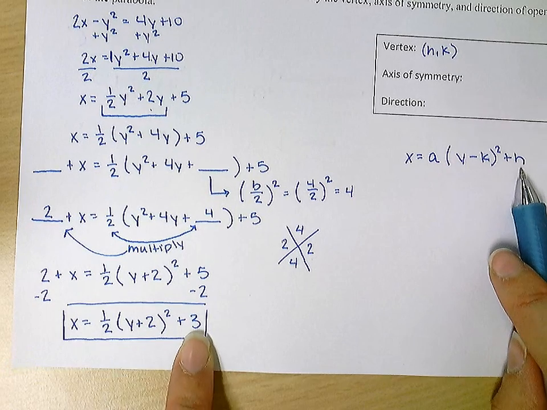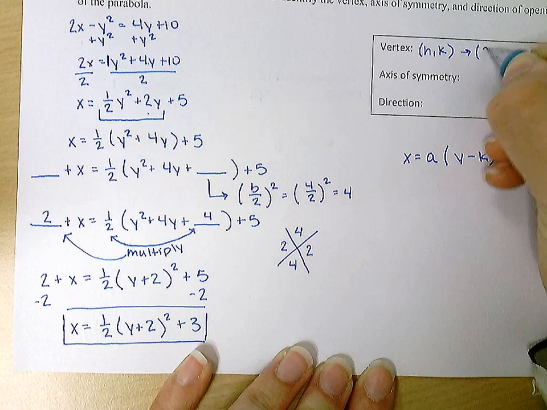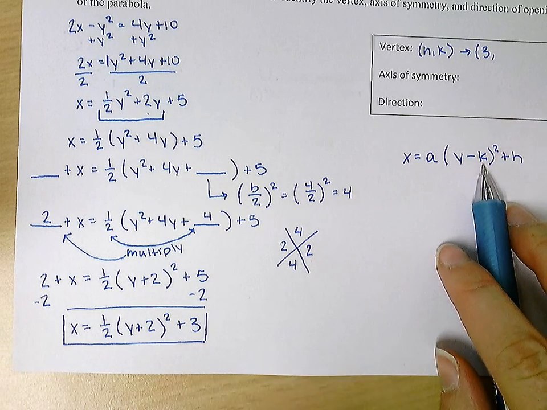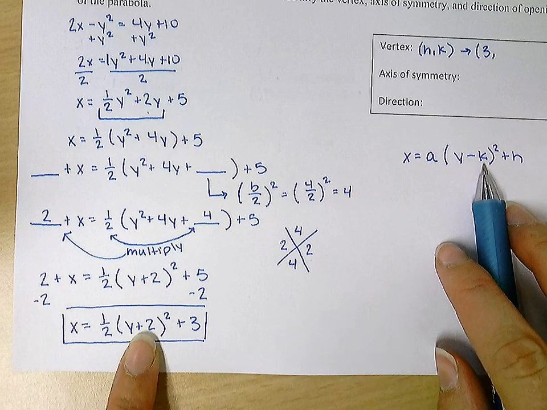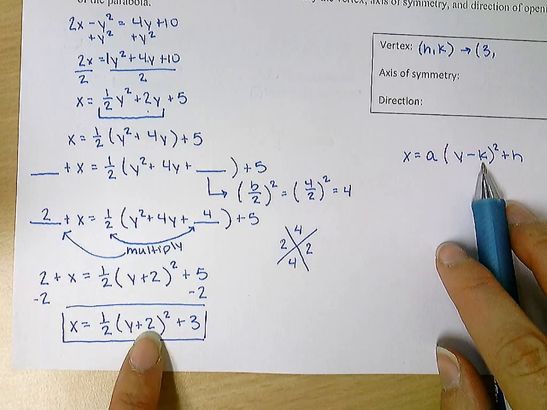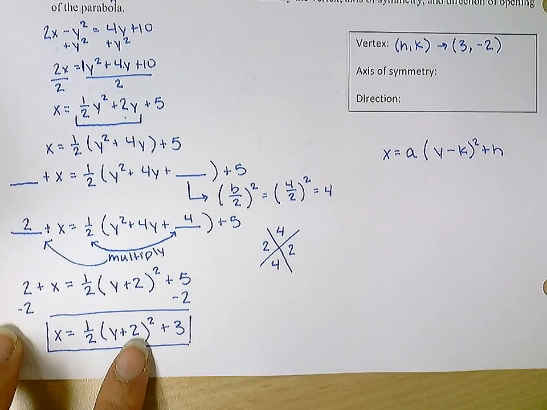So h would be 3 in this case. Now our k has that negative in front of it, so we need to take the opposite of the value we have for k, which is -2. So that would be our vertex.